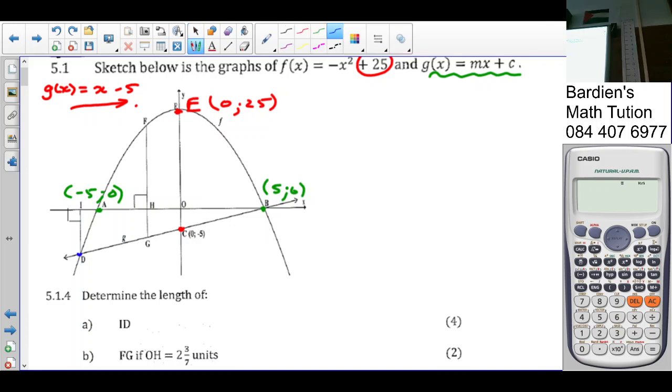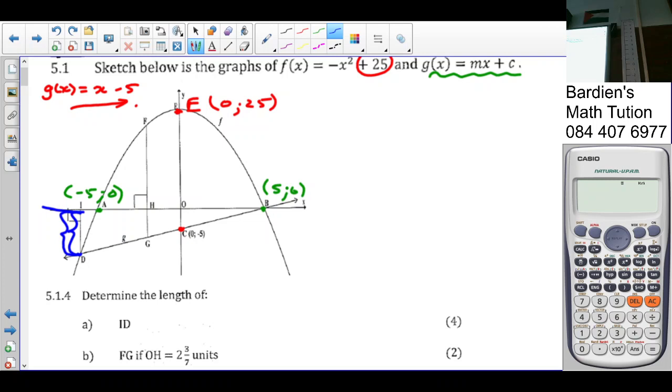The point of intersection. So if I know the coordinates of D, the positive part of the y value will tell us by how much that value has gone down from the 0 line.